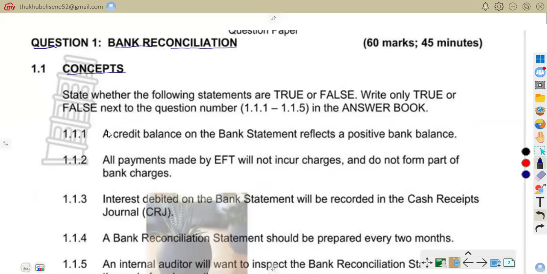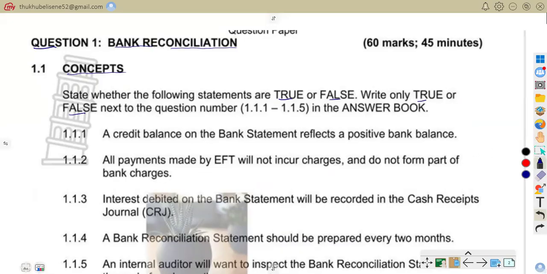The question says, state whether the following statements are true or false. Write only true or false next to the question number 1.1.1 to 1.1.5 in the answer book.